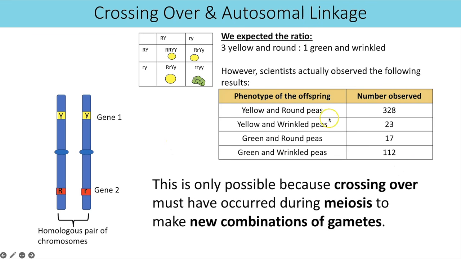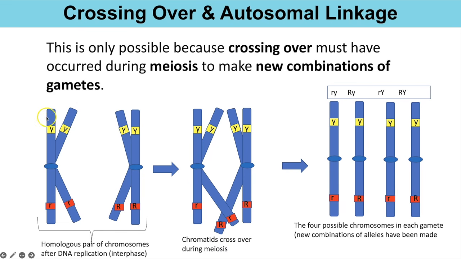And it's only possible to get those two extra phenotypes if crossing over occurred in meiosis between these homologous pairs to create new combinations of gametes. So here we can see those linked genes. These were the two recessive ones on one of the homologous pairs. Here were the two dominant ones on one of the homologous pairs. They now look like double structures because this is showing after DNA replication.